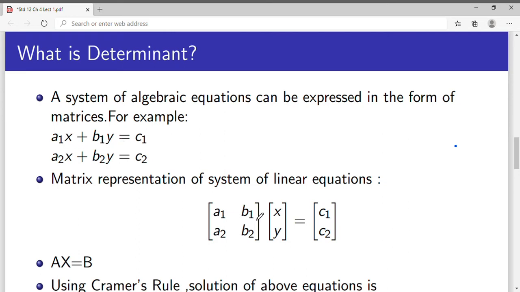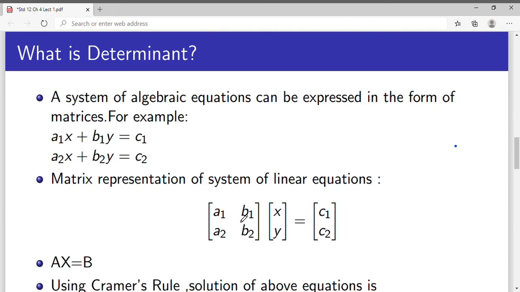This is the first row. The first row contains the first element, the coefficient of x, and the second, the coefficient of y. In the same way, the second row contains the coefficient of x and the coefficient of y of the second equation, which are a2 and b2. Here x and y, the column matrix which contains the variables, is equal to c1 c2, the right hand side constants.